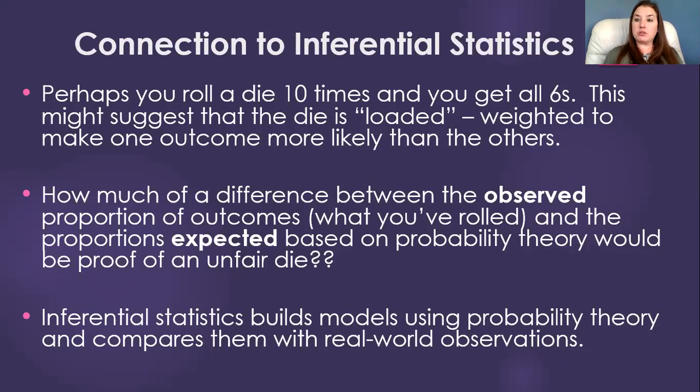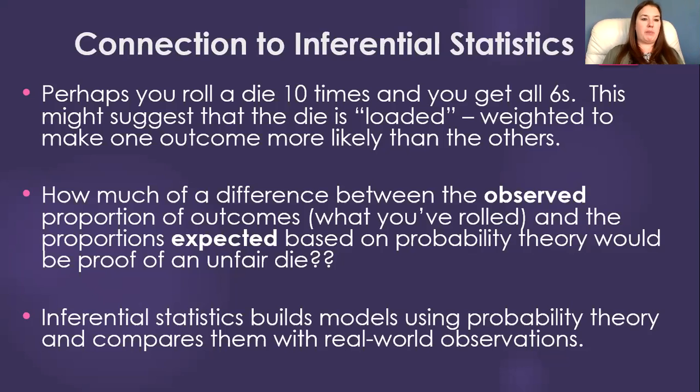So much of inferential statistics is about what would our outcomes look like if there was no independent variable influencing them, if it was just totally due to chance, and we compare that to what we actually observe with the independent variable in play. And if that difference is big enough, then we can say, okay, maybe the independent variable is the thing that's making this outcome different than what we would expect due to chance.